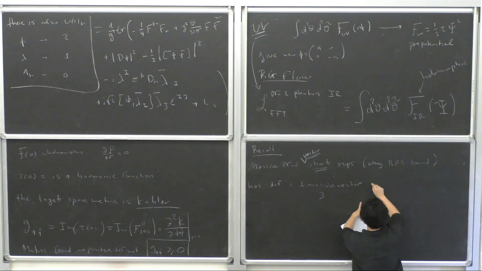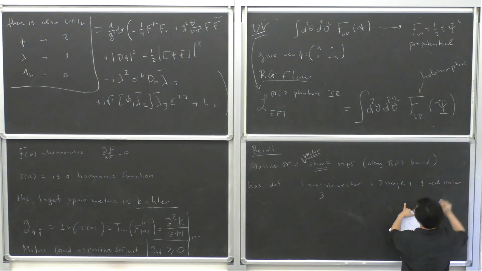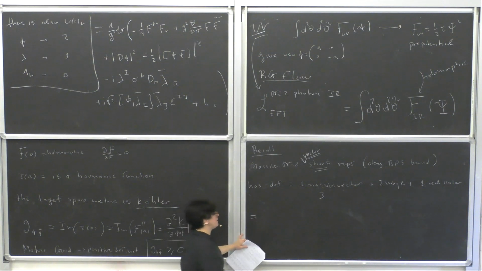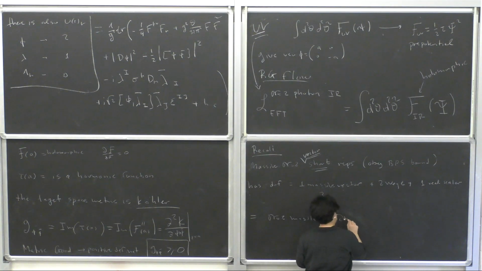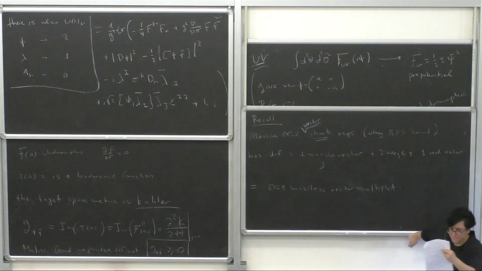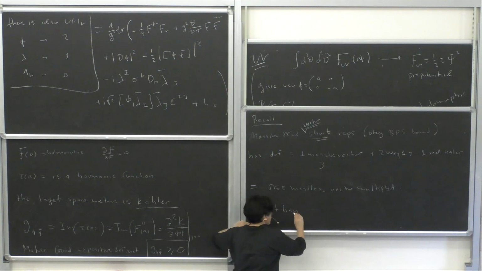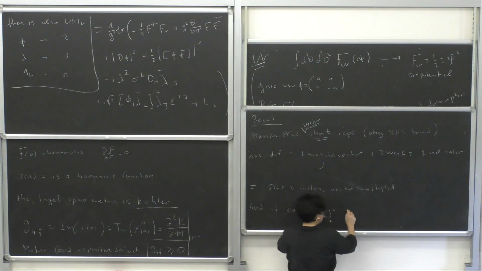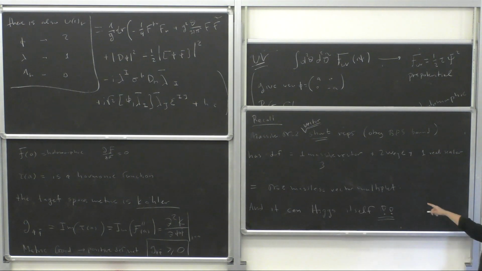So here is the 3 plus 2 while. This is precisely equal with the n equal to 2 it can Higgs itself. So you start with a complex baby here, you Higgs, you get what you wanted.